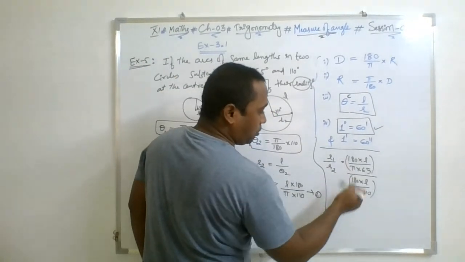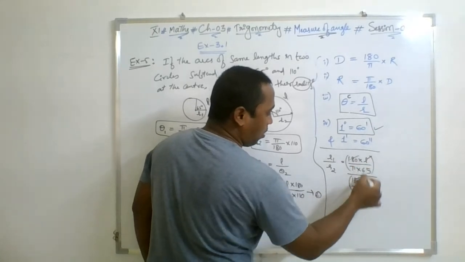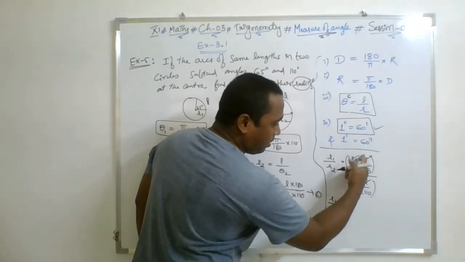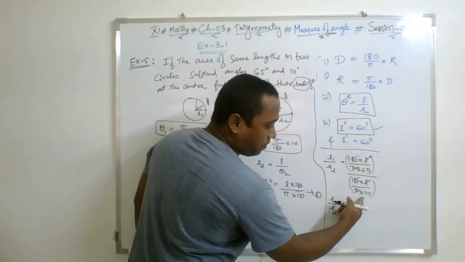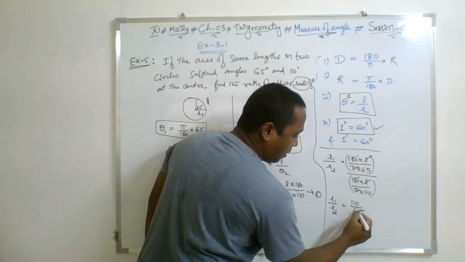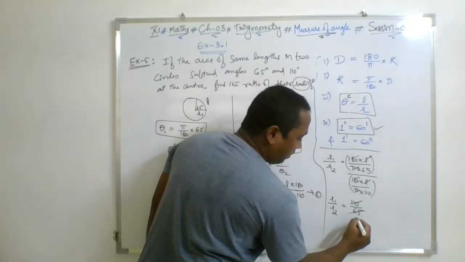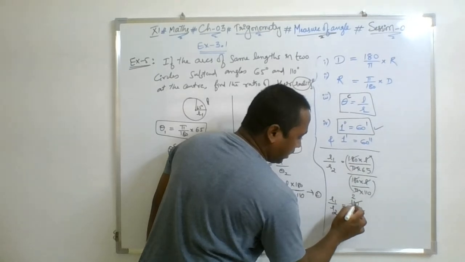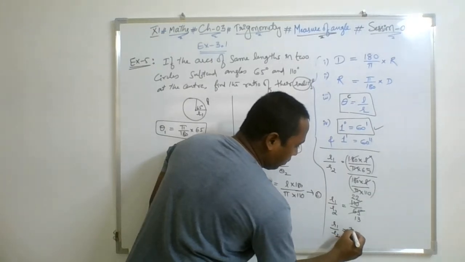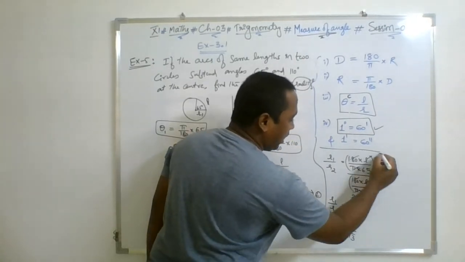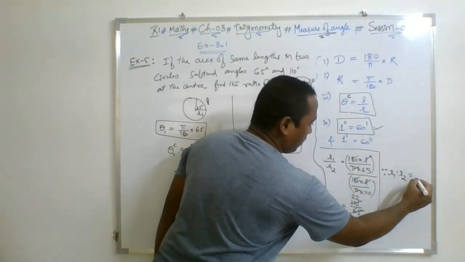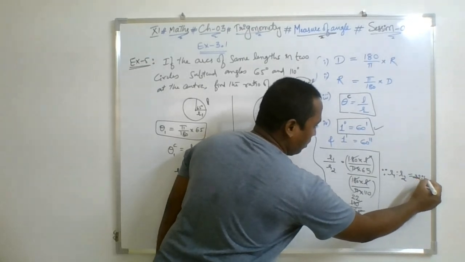Now if you cancel out the similar terms, we are left with R1 by R2 equal to 1 by 65 upon 1 by 110. Just take the reciprocal, 110 by 65. After cancellation, 5 13s are 65, 5 2s are 10, and again 5 2s are 10. So R1 by R2 is equal to 22 upon 13. Therefore, the required ratio R1 is to R2 is 22 is to 13.